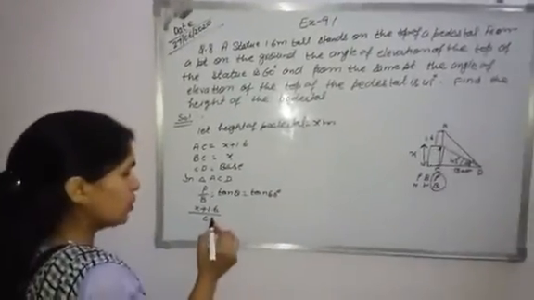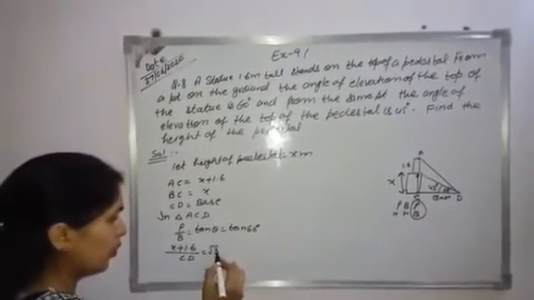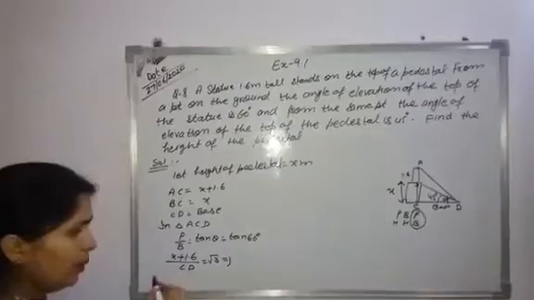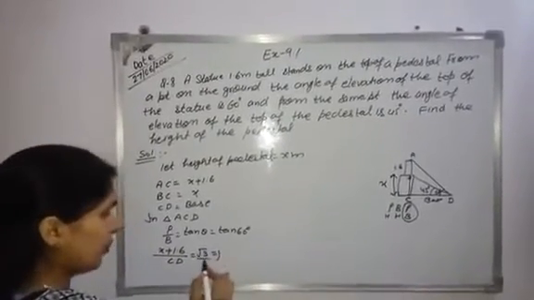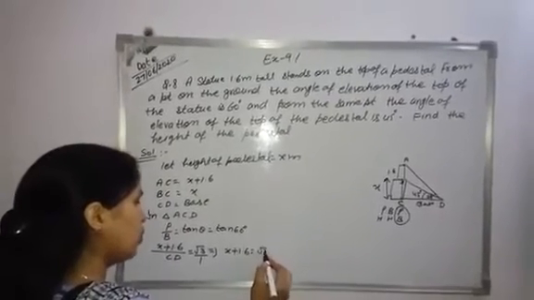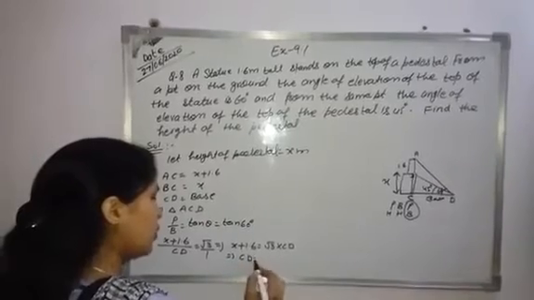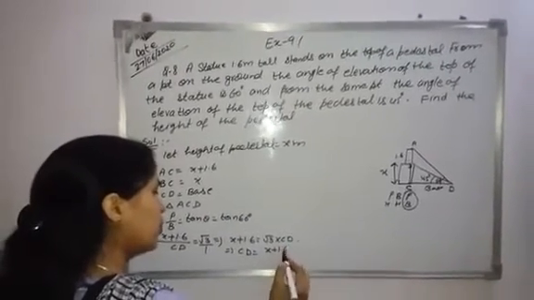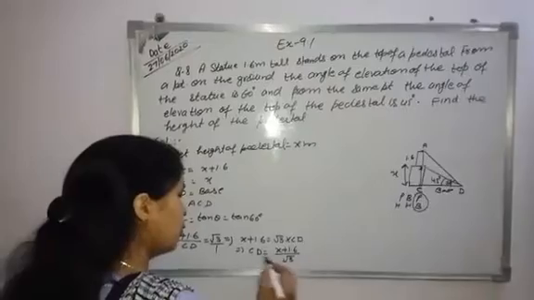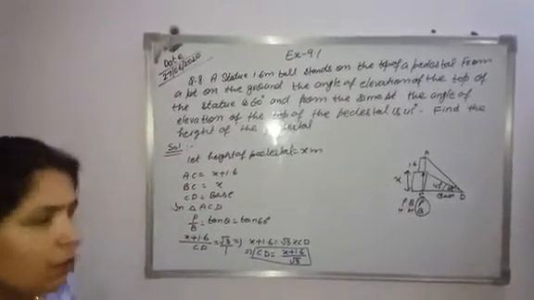Base is equal to CD, and tangent 60 is equal to root 3. When we apply cross multiplication, we obtain x plus 1.6 is equal to root 3 times of CD, and CD is equal to x plus 1.6 divided by root 3. So this is the value of CD from equation number 1.